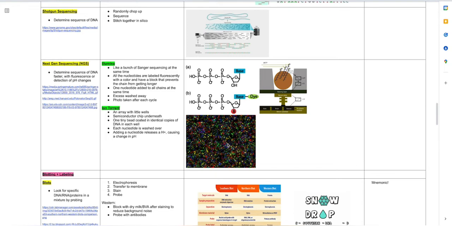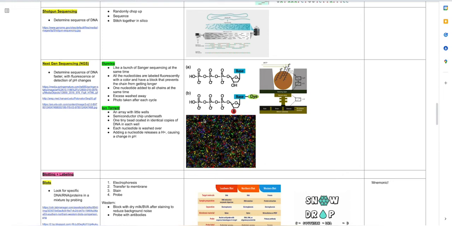Then, after washing away all the other nucleotides, you take a picture. Then you remove the block and the dye, wash again with nucleotides and just keep on going. Each time you can only add one nucleotide, and there's only one dye on one sequence because you're taking it off every time.